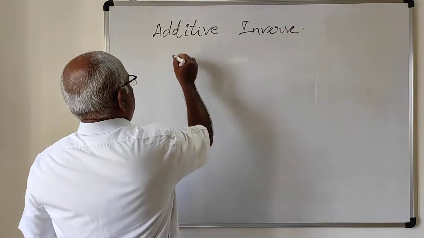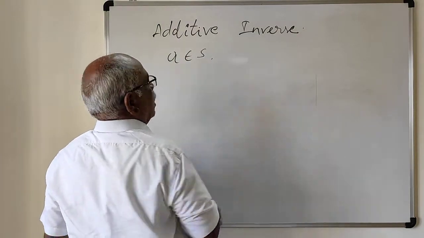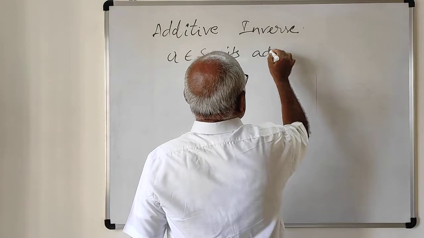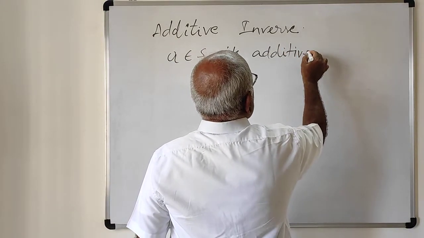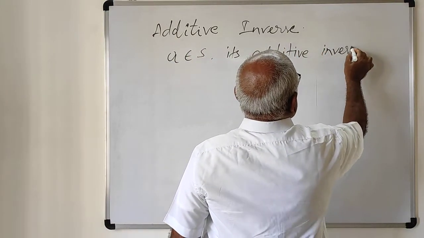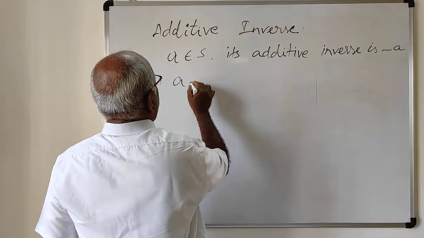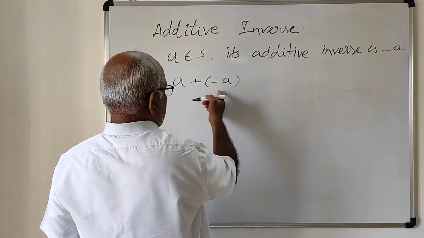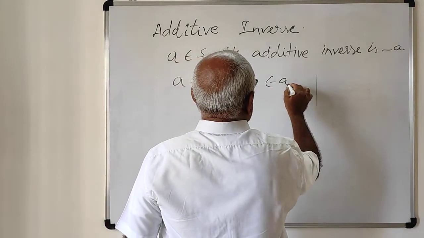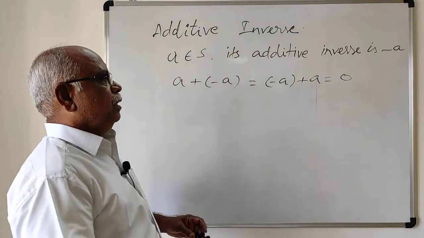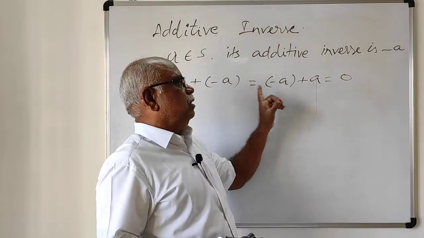For an element A in a set, its additive inverse is minus A. Then only the element and its additive inverse add up to the additive identity. This is the definition of additive inverse.